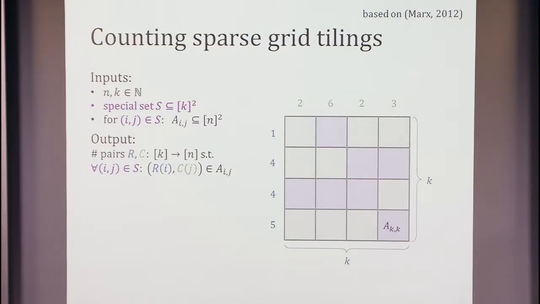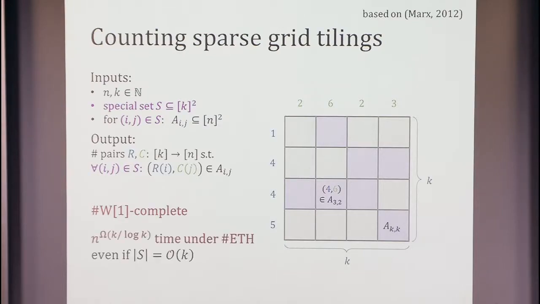This would be a possible labeling of the rows. Then you want that at this special vertex A_32, the pair (4, 6) is contained in your set. And this problem can be shown to be #W[1]-complete. And in fact, it has a lower bound of n to the Ω(k / log k) time under #ETH, even if the size of the special set is linear in k.